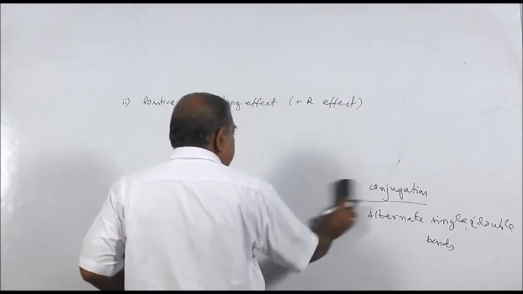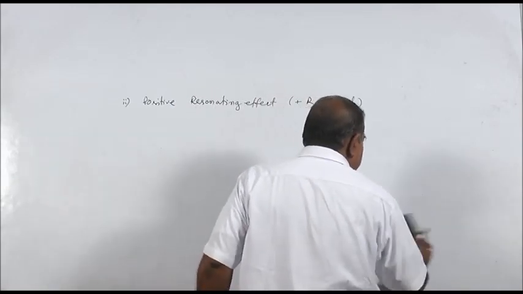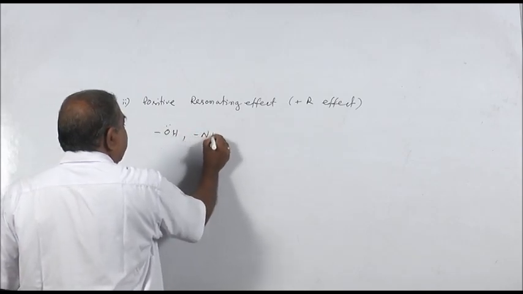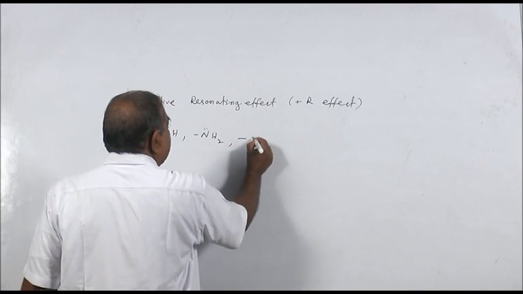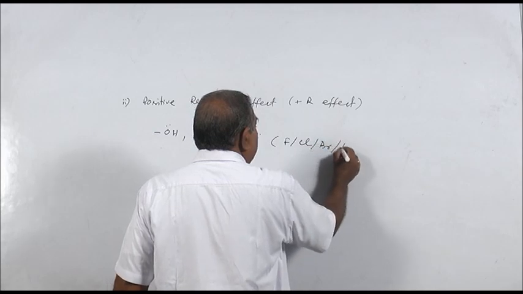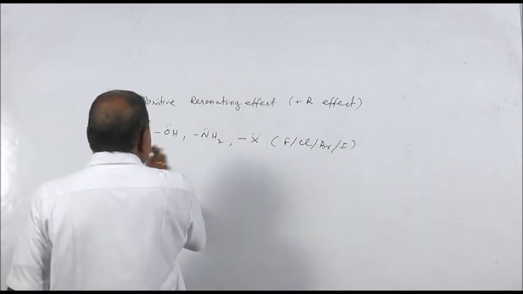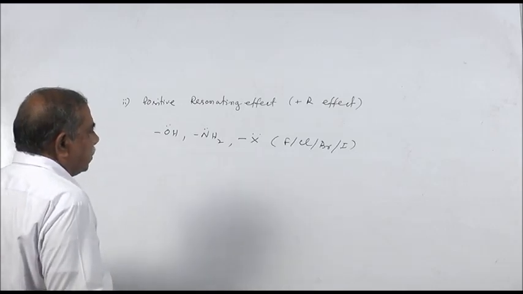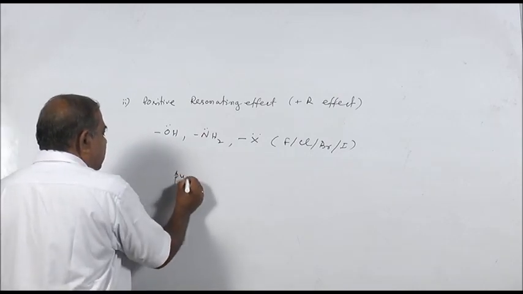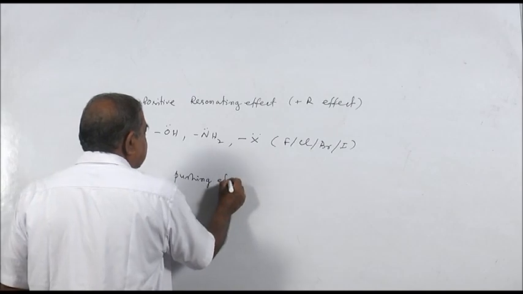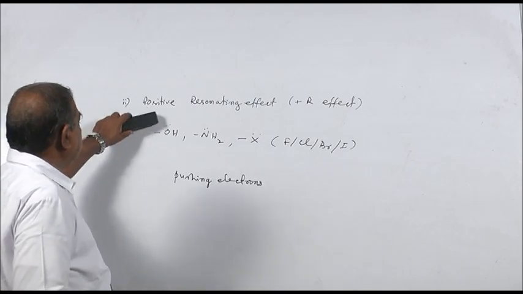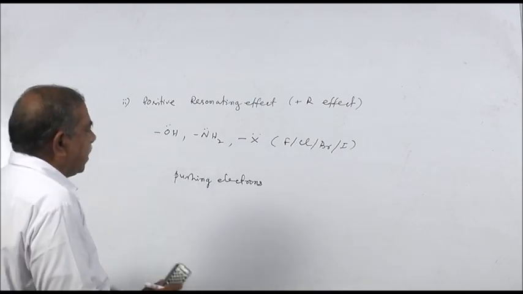Here the groups or atoms like say OH group or say amino group or say halogen, where X stands for fluorine, chlorine, bromine, iodine, etc., are capable, when attached to conjugated systems like say benzene or unsaturated systems, of pushing electrons to the conjugated system, are said to possess positive resonating effect.